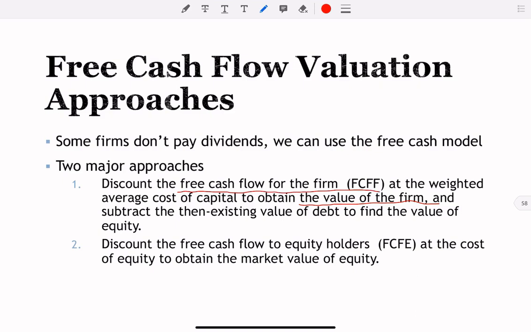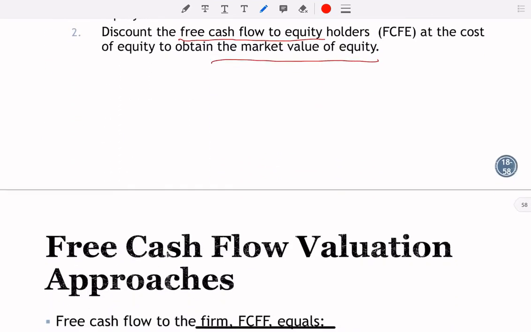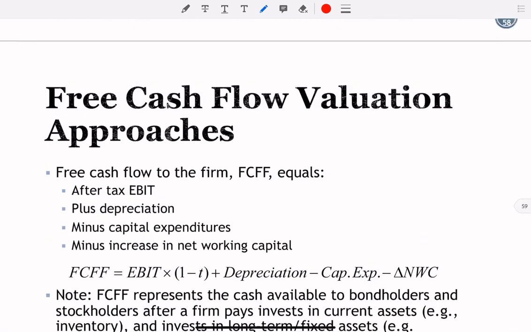If you use free cash flow for the firm, then you will obtain the value of the firm. In the second approach, you would use free cash flow to equity. In this case, you will obtain the value of equity. So let's see how these two approaches work.